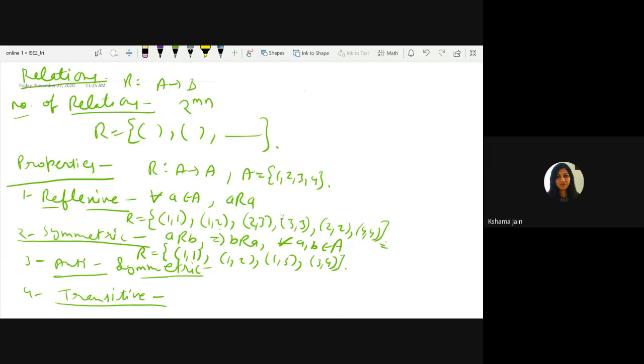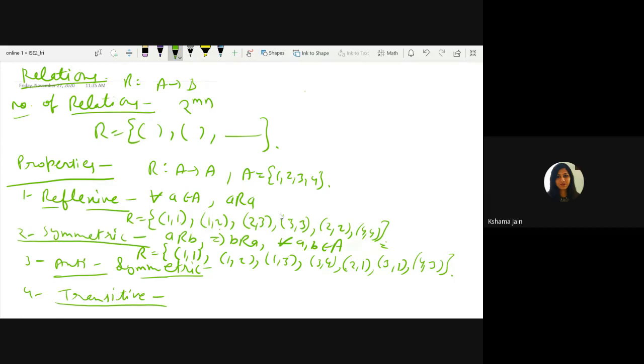To be symmetric, if (1,2) is there, (2,1) must be there. If (1,3) is here, (3,1) must be here. If (3,4) is there, (4,3). Now it's symmetric.